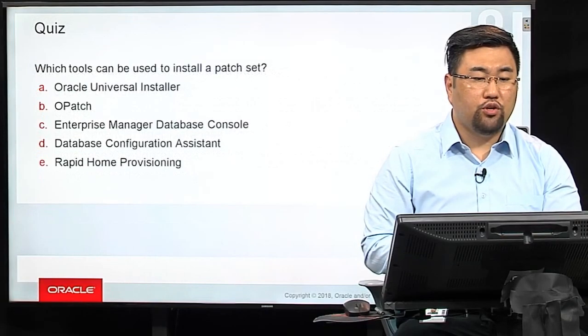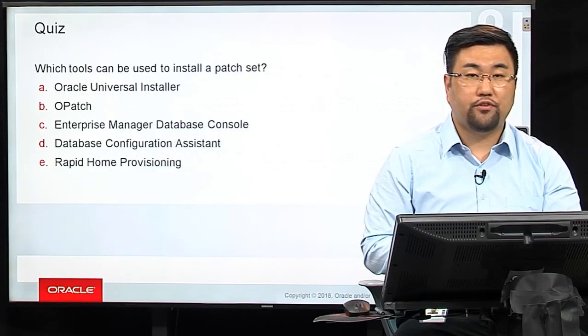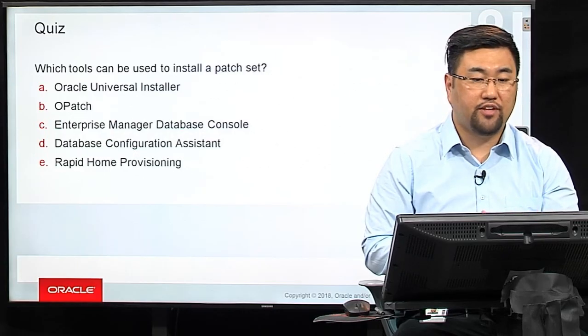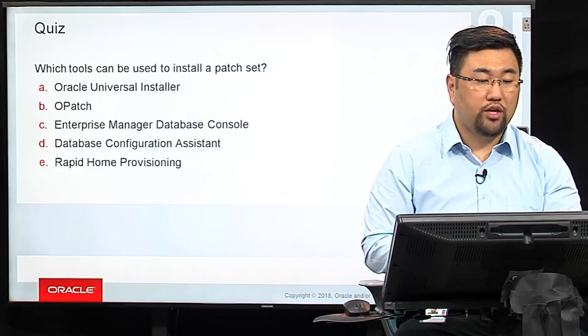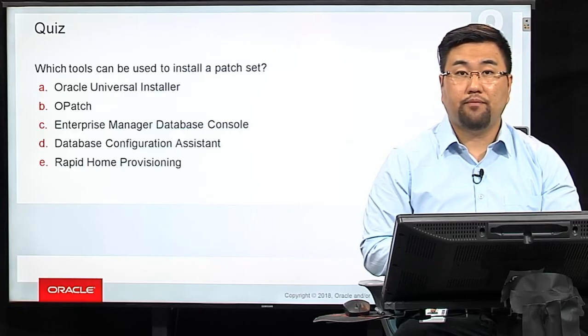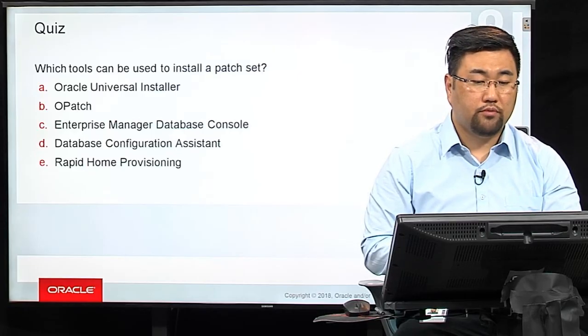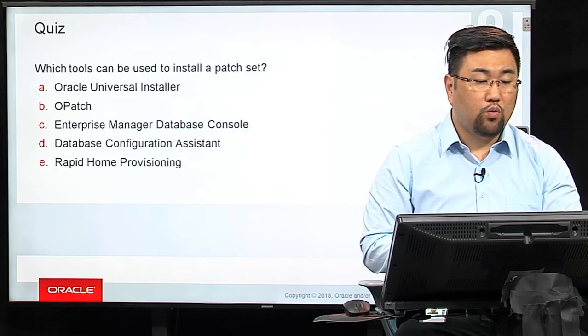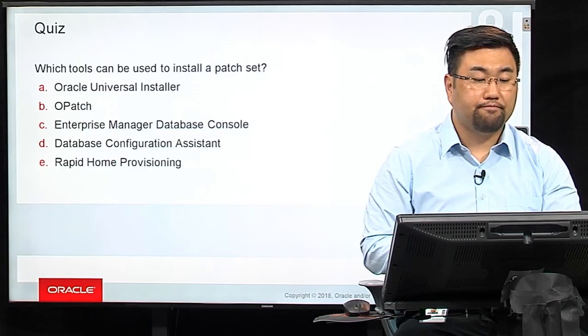Which tool can be used to install a patch set? We use Oracle Universal Installer, yes, or OPatch only for patches, not for patch sets. We can also use Enterprise Manager Database Control or Database Console. And also, we can use Rapid Home Provisioning.